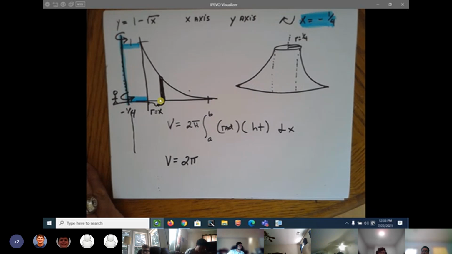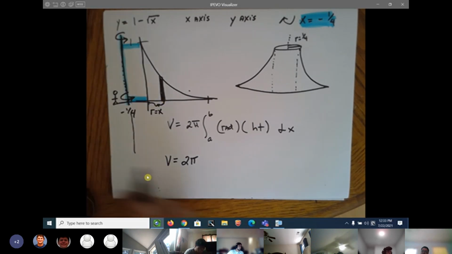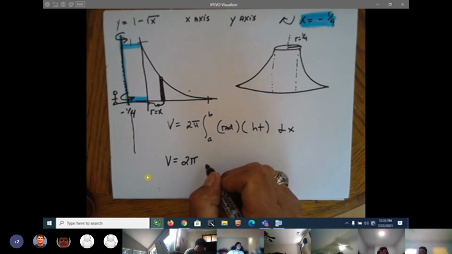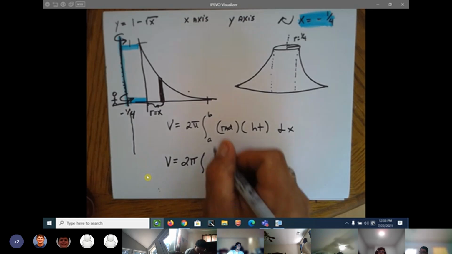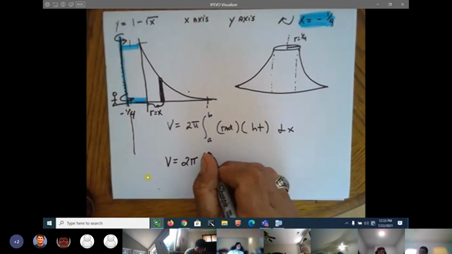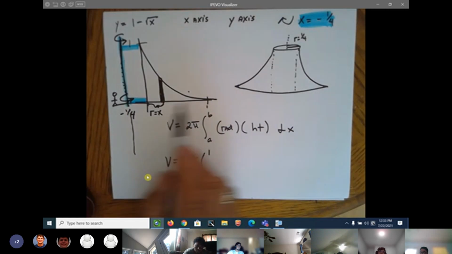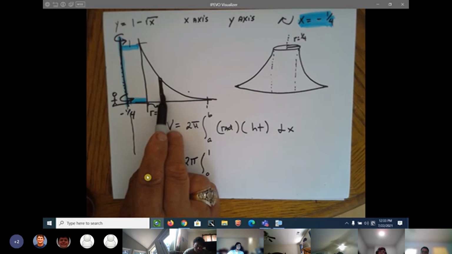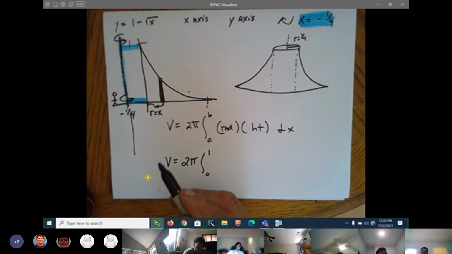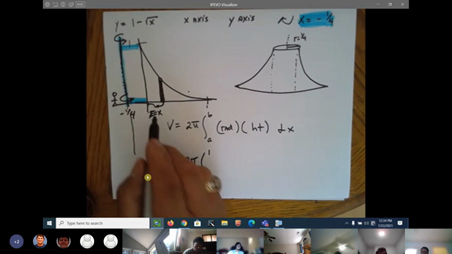Somebody tell me the equation for the distance from that line to the shell. Somebody give me the radius from the blue line right here to that rectangle, the shell. What is it? And you know you're not going to use R. So what is it?